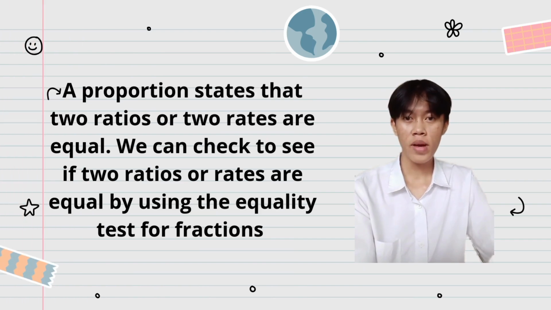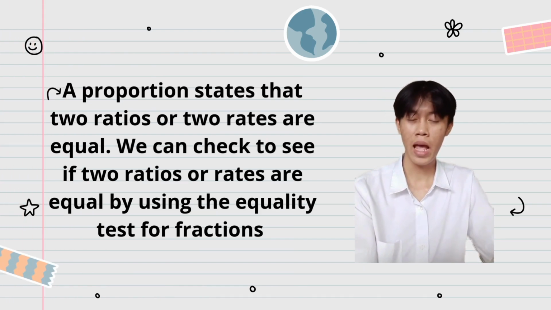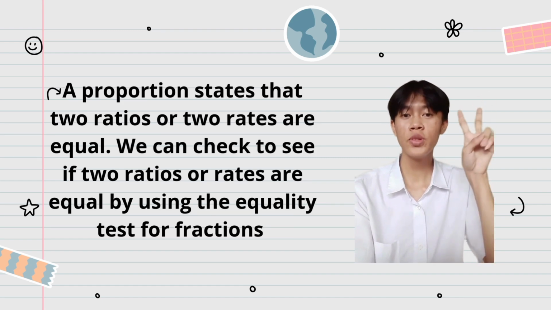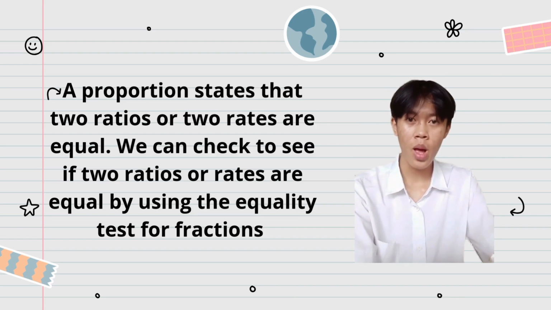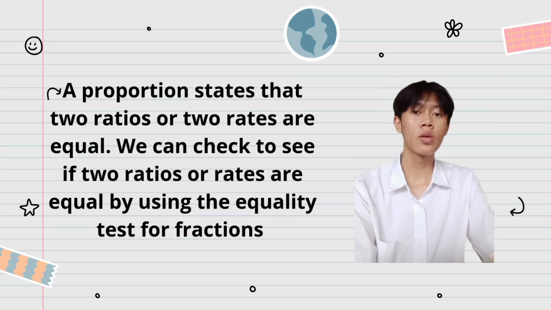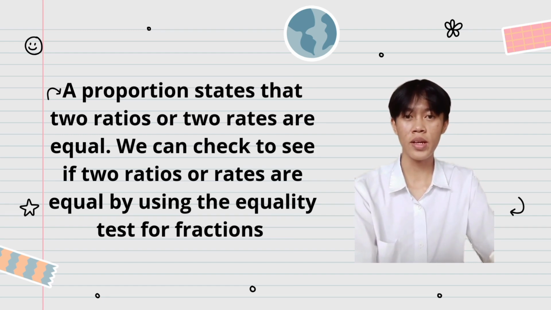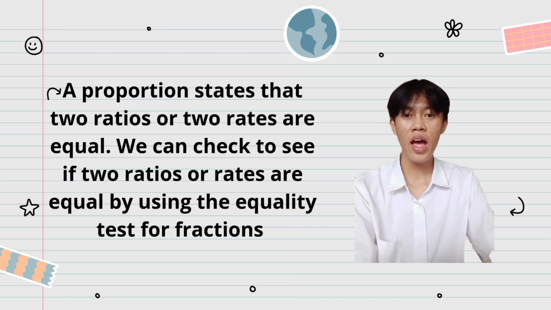Okay, let's wrap up the lesson by talking about proportion. A proportion basically states that 2 ratios or 2 rates are equal. We can check if we have a proportion by checking to see if the cross products are equal, using the equality test for fractions.